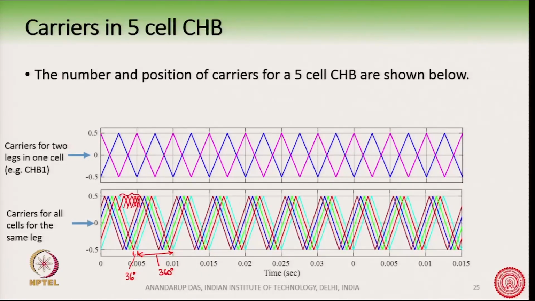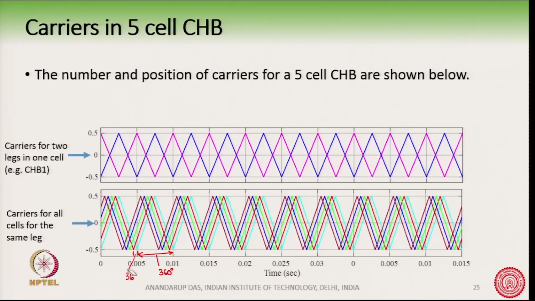So, I have not shown that. I will just remove it, but it exists here. Okay. I have not shown it. In fact, I will erase it here, and I will only show you the 5 carriers for the 5 cells, only the left leg or maybe the right leg.